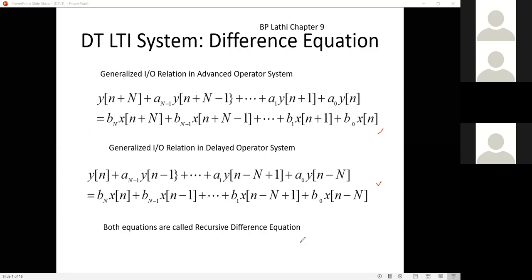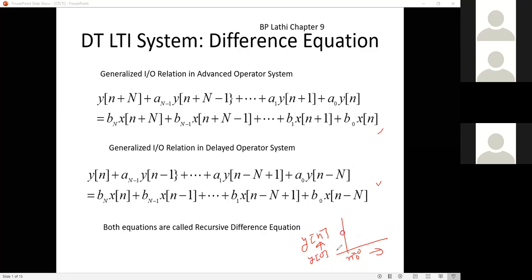If we want to find y[n], for a causal system, your y[n] will be from n equal to 0 in the positive direction. So you can set the value of n equal to 0 there, that will give you y[0].